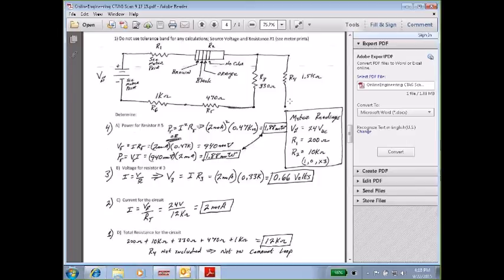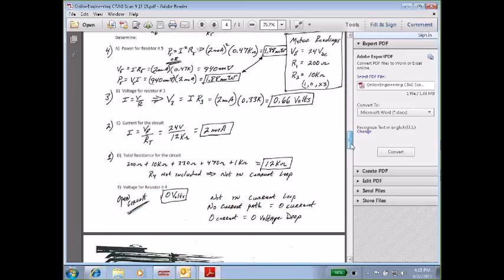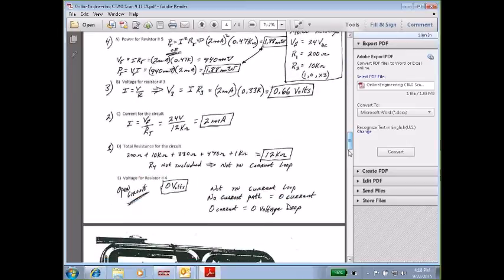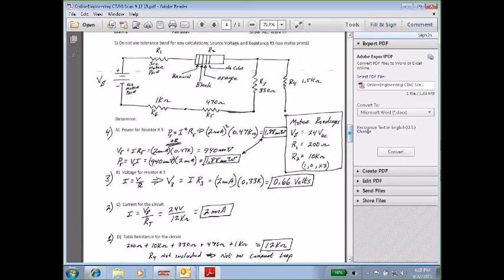And when we do that, we come up with our total resistance, which comes out to be 12K ohms. Then I can find my current. Current, using Ohm's law, is equal to the source voltage divided by the total resistance. 24 volts divided by 12K gives me 2 milliamps.